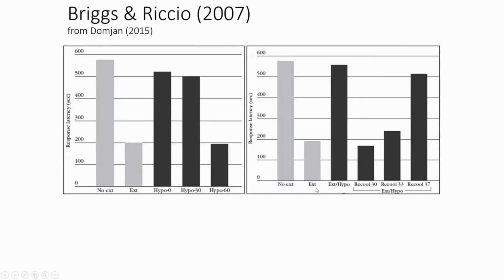This was the original study. This is our follow-up. We still have what they did when they had no extinction and extinction. And this would be extinction with hypothermia immediately thereafter, but not tested while they were being cooled, so they showed really high again. That would be the same as this group here. And then these are our new groups.